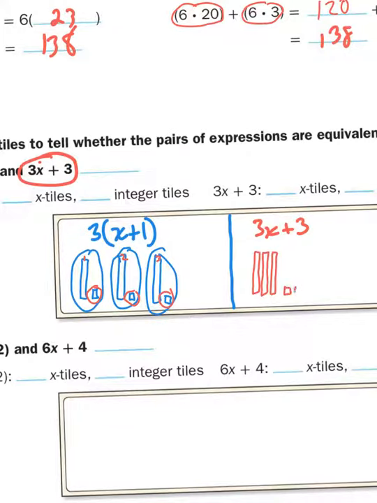So I have 1, 2, 3. And now notice what I have. I have 3x, that's this here, plus 3. That's this here. So guess what? These are equivalent expressions. Now, just so you know, you are simplifying this blue expression in simplest form. And that's what it's going to look like in simplest form.